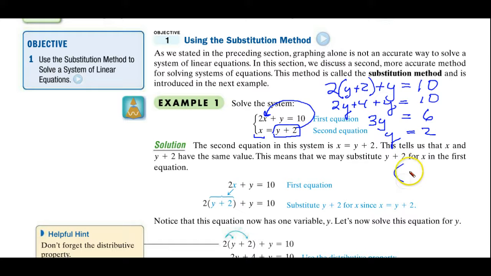So we now have the first member of our ordered pair, which is the 2. Now what do we do? Well, we take this 2, go back to the original equation, and put the 2 where the y is. You could use either one, but I'm using this one. So 2 plus 2 is what? 4. X equals 4.